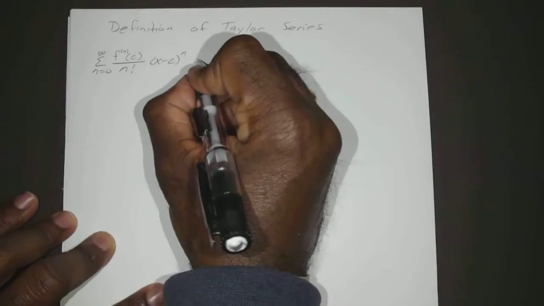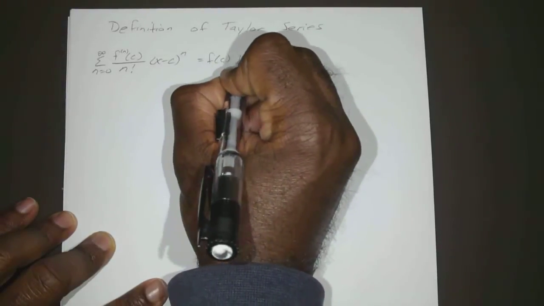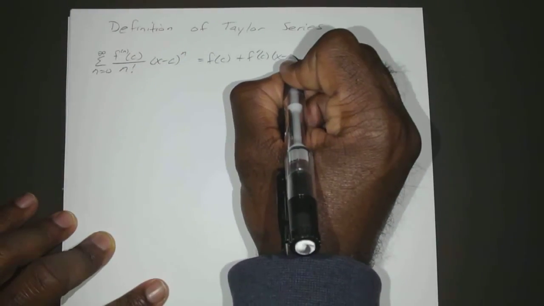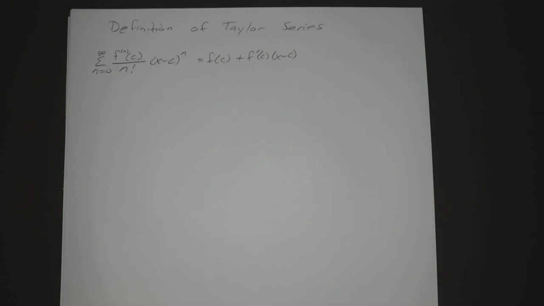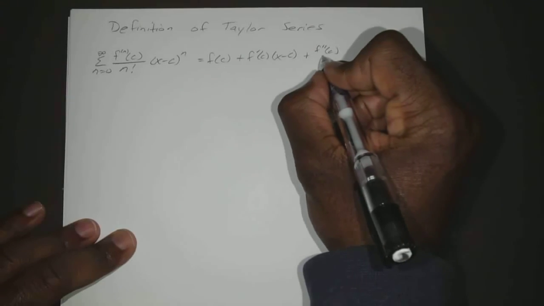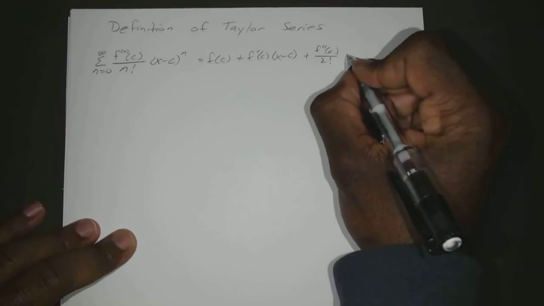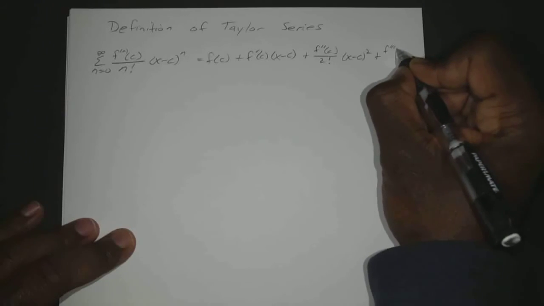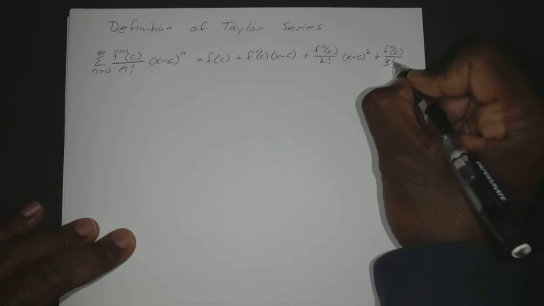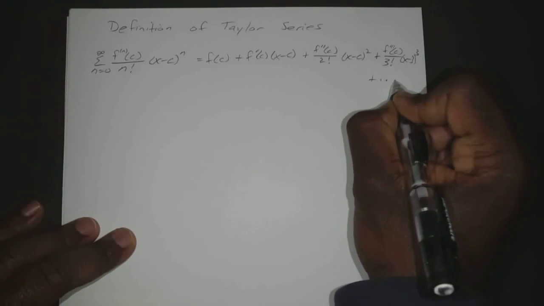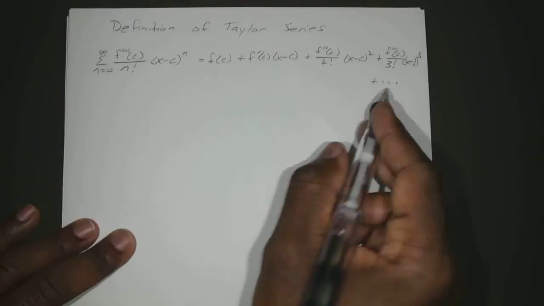If we plug in n equals 0, we'll have f of c plus f prime of c over 1 factorial times x minus c to the first power, plus f double prime of c over 2 factorial times x minus c squared, plus the third derivative at c over 3 factorial times x minus c to the third, and it keeps on going. And this is your Taylor series.